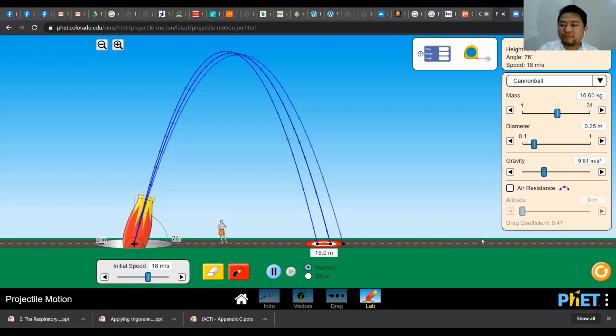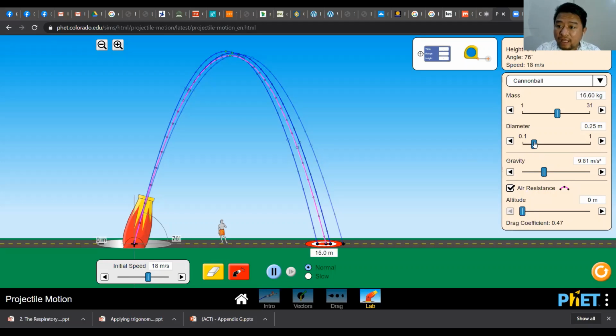Yeah, almost. And you can include air resistance and see what happens. There, it becomes less. Because of air resistance, I was able to hit the bullseye.